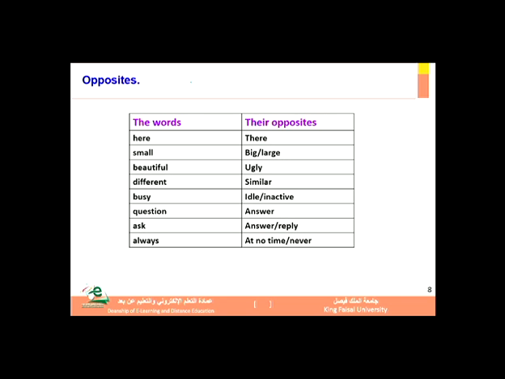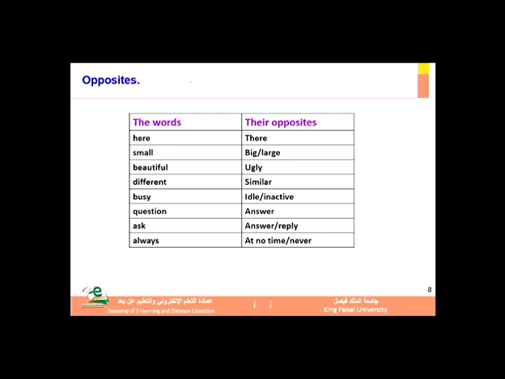Again, if we go back to the article we have just read, we have some words, and one way of making the meaning of those words clearer is by giving their opposite. So you can have the word and you can have its opposite. As you can see in this table, you have the words and you have the opposite meaning of those words. We start with the first column here.